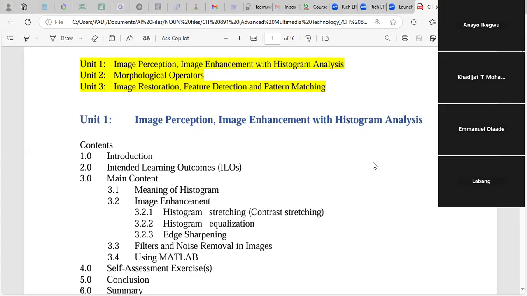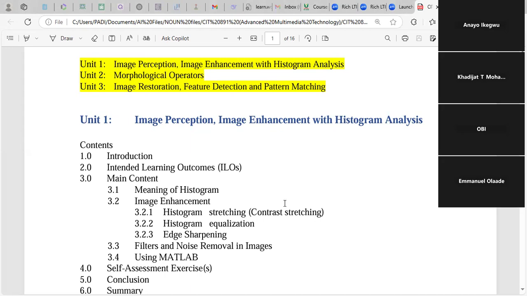Once again, good evening. As we highlighted, today's discussion is going to center on image perception and image enhancement using histogram analysis.